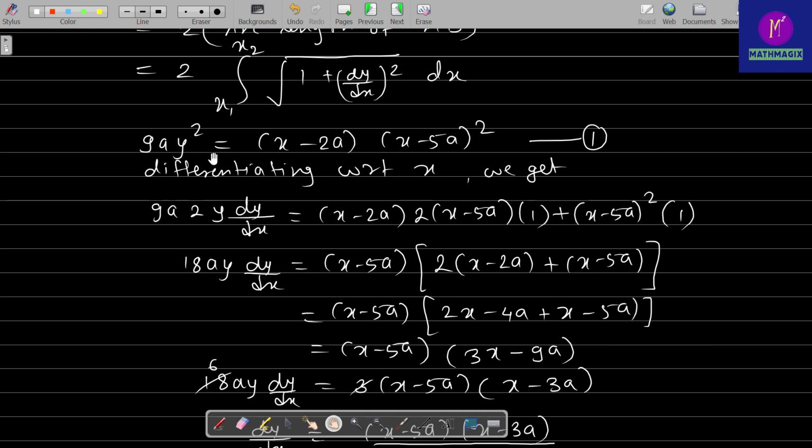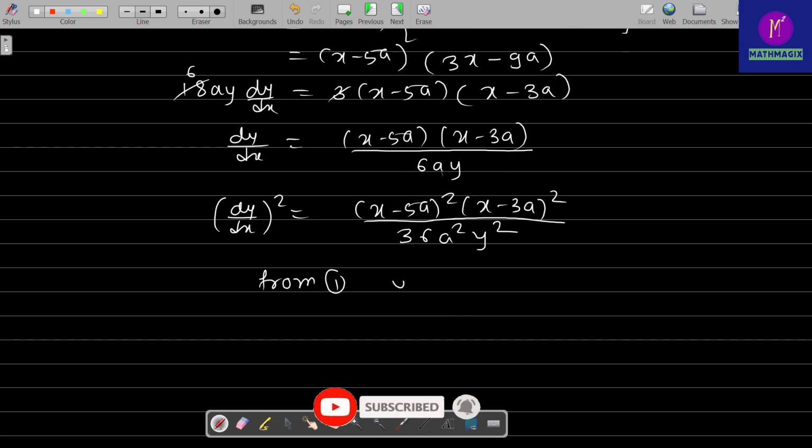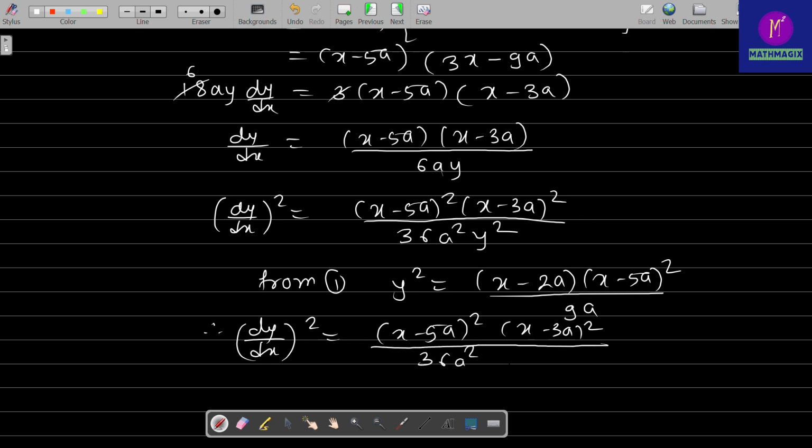From 1, the value of y² is (x − 2a)(x − 5a)² upon 9a. Let us substitute that over here. Let us first write down the value from 1: y² = (x − 2a)(x − 5a)² / 9a. Therefore (dy/dx)² is (x − 5a)²(x − 3a)² divided by 36a², and y² is (x − 2a)(x − 5a)² divided by 9a.